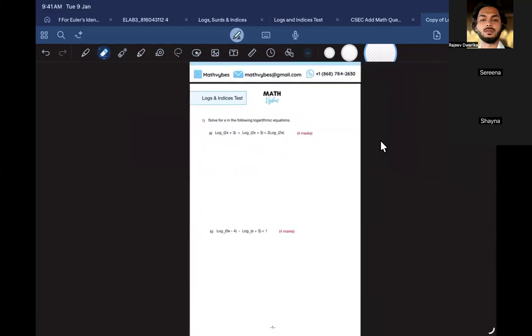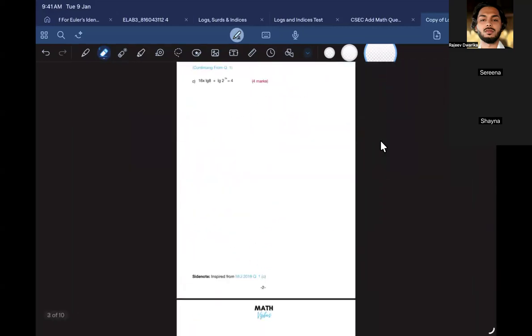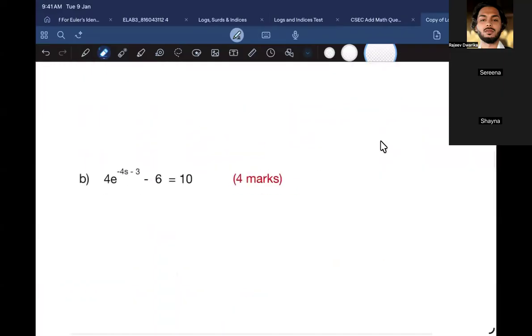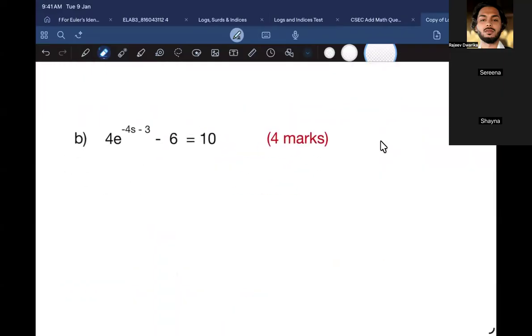Okay, so which questions gave you all trouble? I presume this one for sure. I just give everybody trouble. So I'm gonna do this question first. Anytime you see e, which is a natural exponent, a constant, you would apply ln on both sides, not log. Now, before I start this question, look at what I'm going to do, right, Shina?